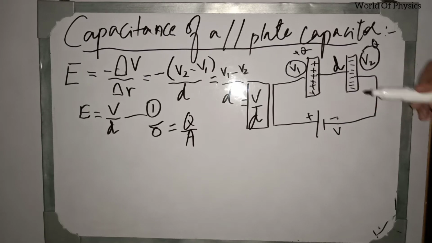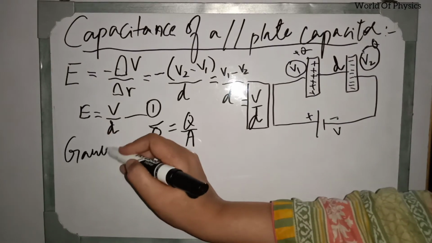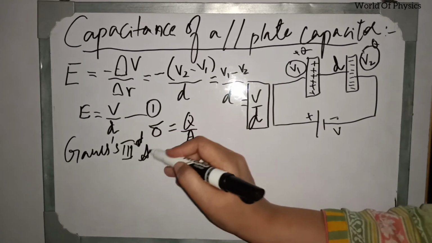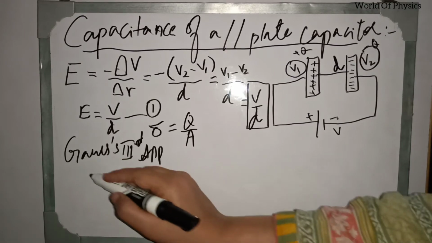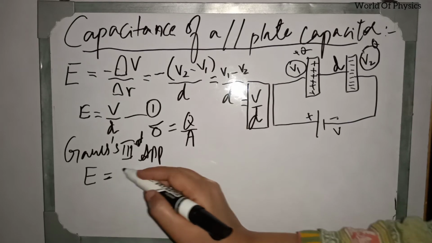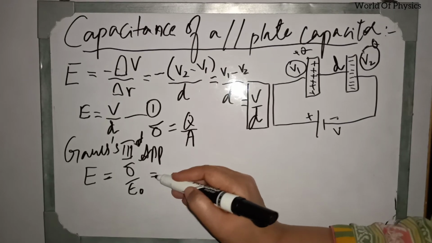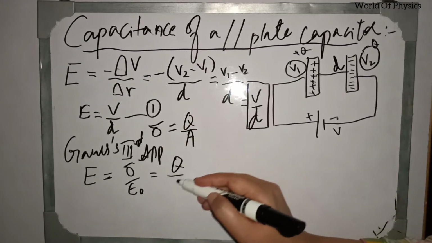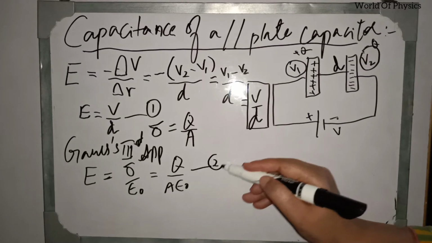We can write down that this electric field intensity is equal to sigma divided by epsilon naught. And as sigma is equal to Q over A, it is equal to Q over A into epsilon naught. This is equation number 2.